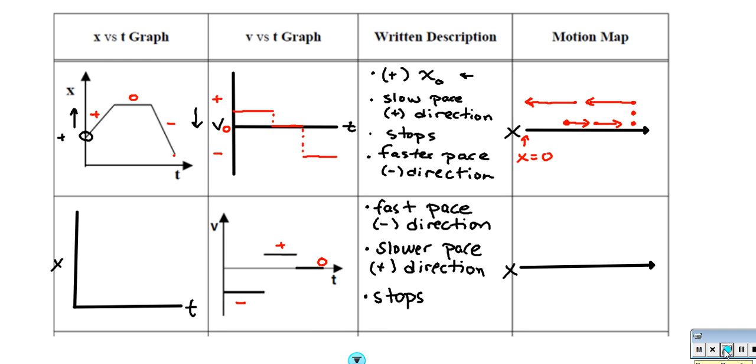Okay, so let's look at the position time graph now. Now, the first issue we're going to run into is in our initial description that the object is moving fast in a negative direction. That doesn't tell us anything about where the object is relative to x equals 0, relative to our origin.